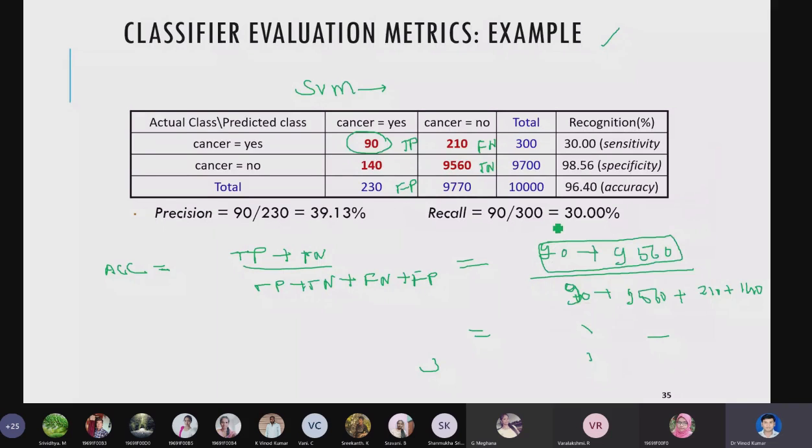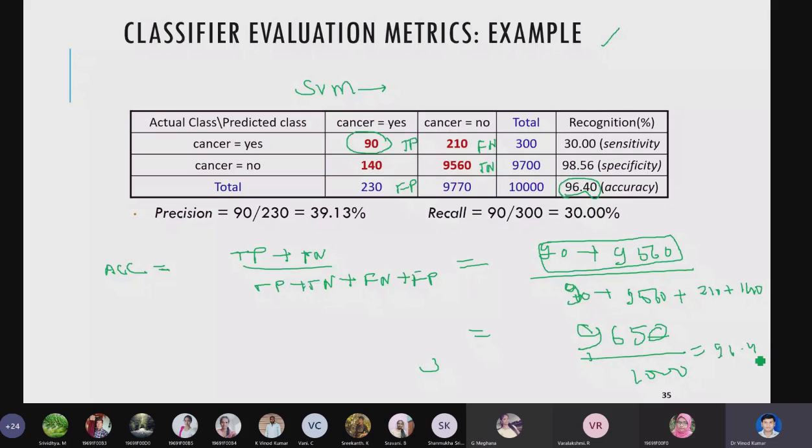If you add 90 plus this one, how much will it come? 9,650. Divided by 10,000, so how much will you get? 0.965. So the accuracy will be 96.5.